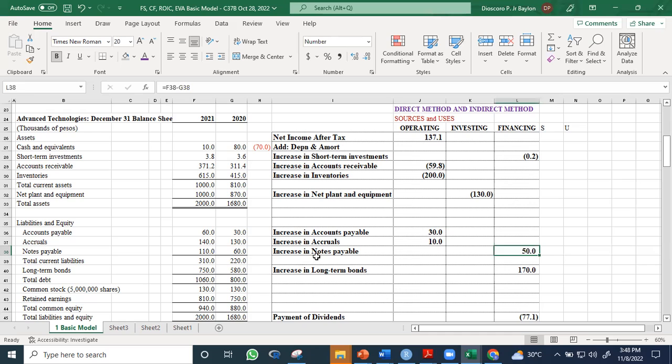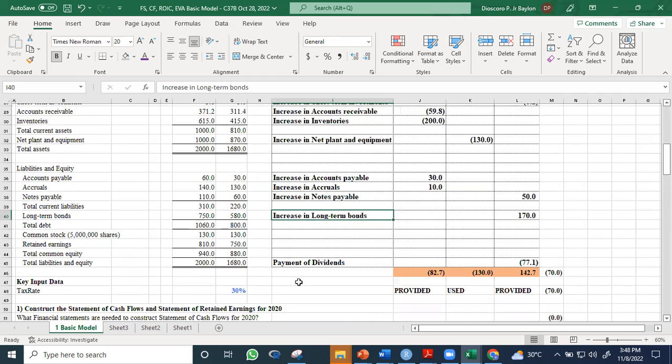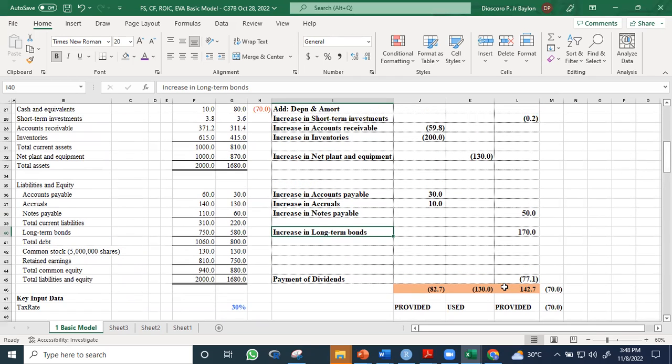Pag nag-increase ang liability, source of cash. Just like increase in long-term bonds, liability din siya, nag-increase ng 170, source of cash siya. Payment of dividends also. Hindi kasi natin na-consider dito yan. Cash outlay yan. How much? 77.1. Therefore, minus natin siya.